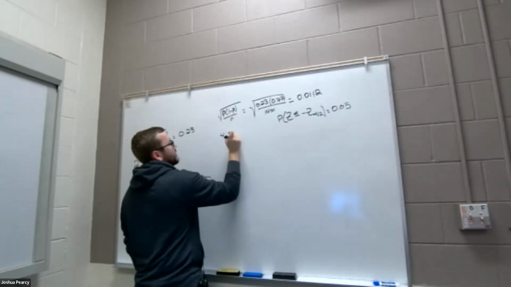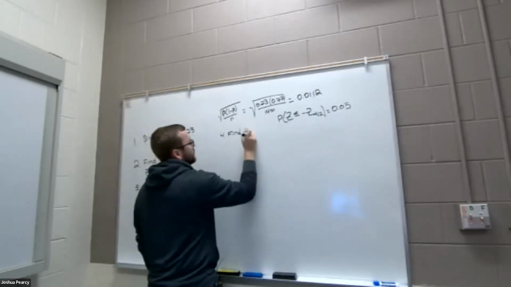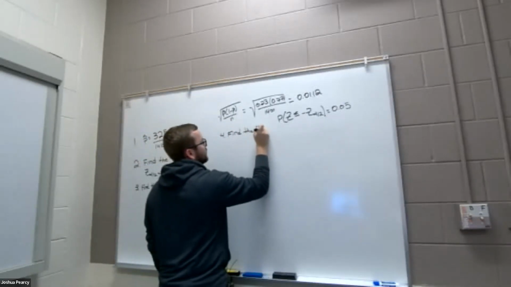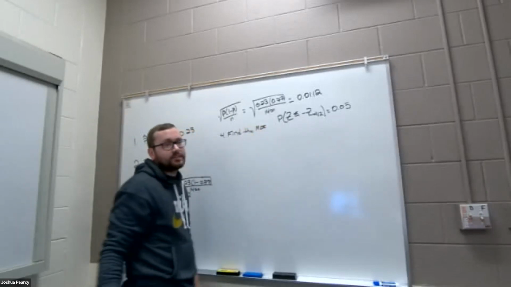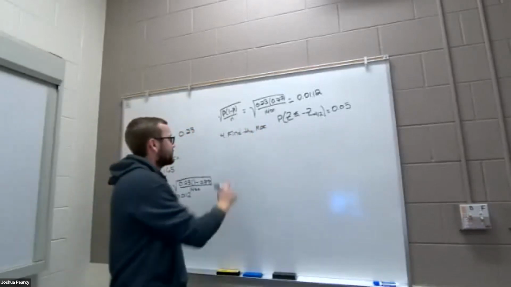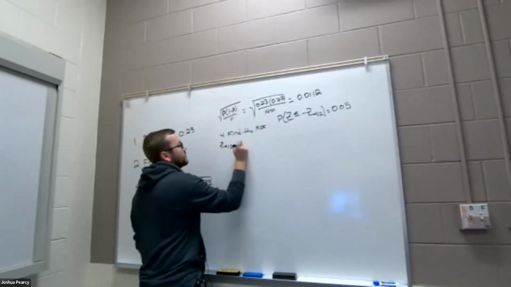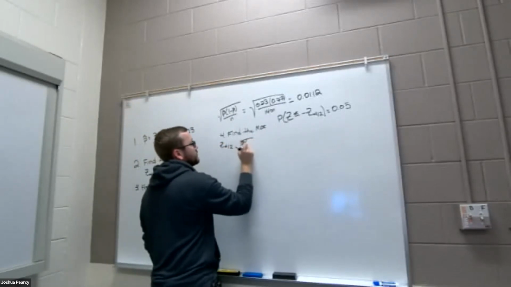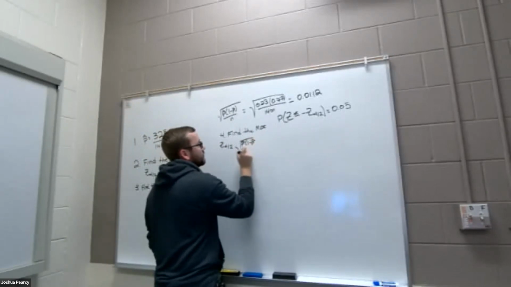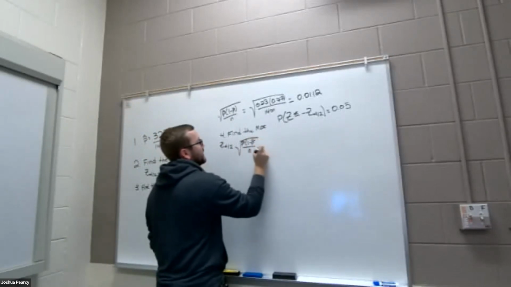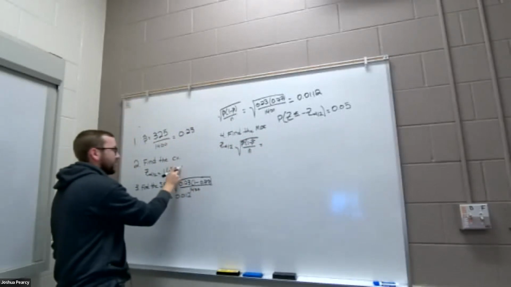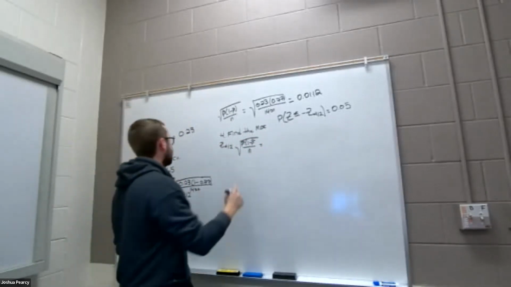Find the margin of error. And how do you find that? The critical value times the corresponding standard error. In that case, you get the critical value from part 2 and the standard error from part 3.